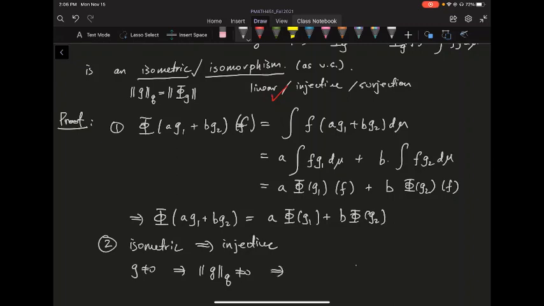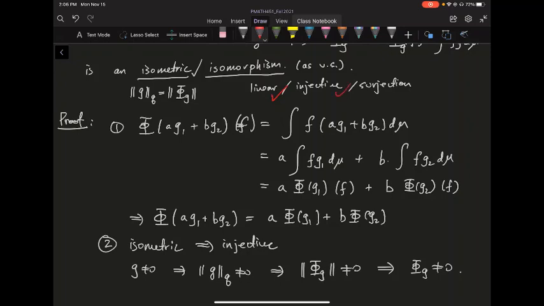And an isometric map preserves the norm, so the operator norm of phi g, the image of this g, is also not equal to 0. Because it's a norm, phi g is not the zero map. So it maps anything non-zero to non-zero, so it's injective. That's pretty easy.